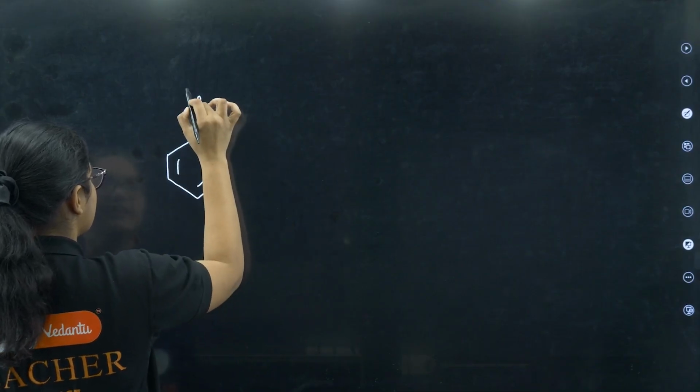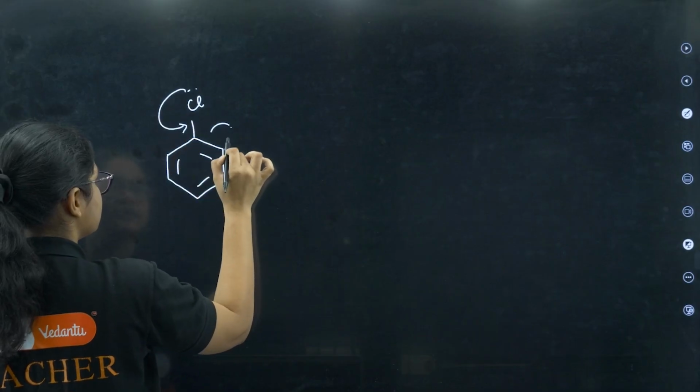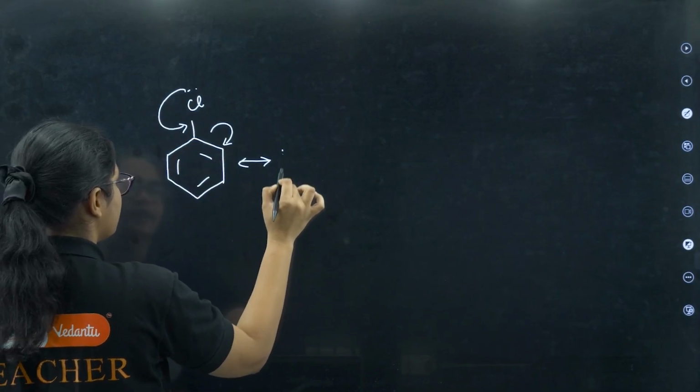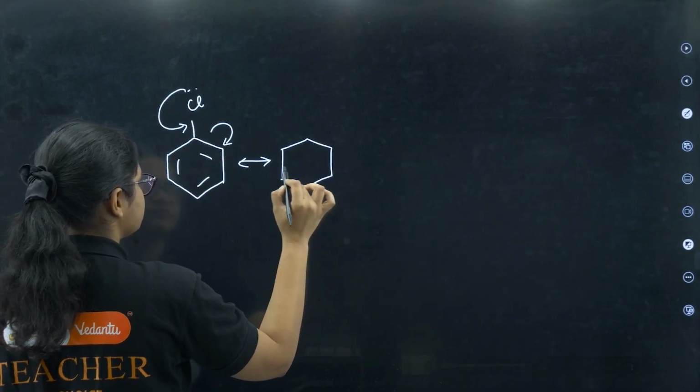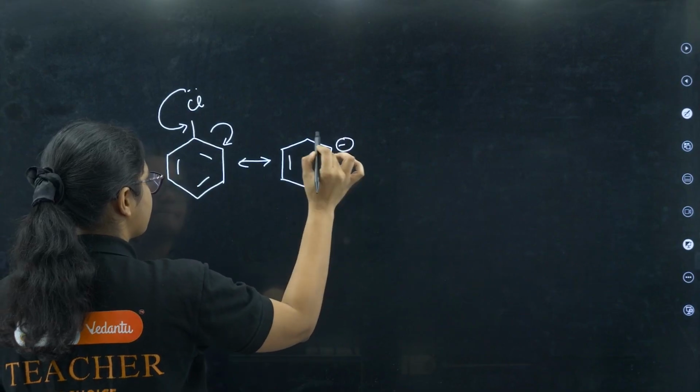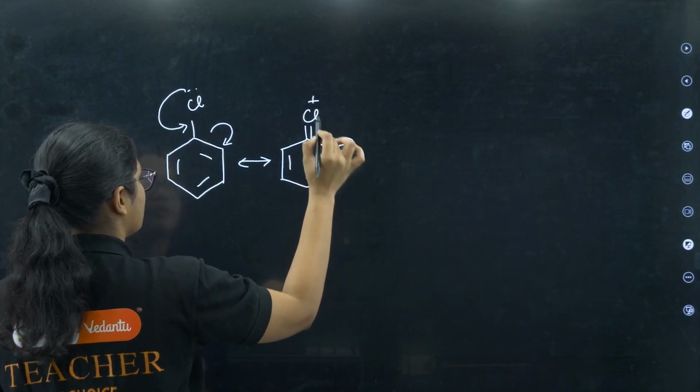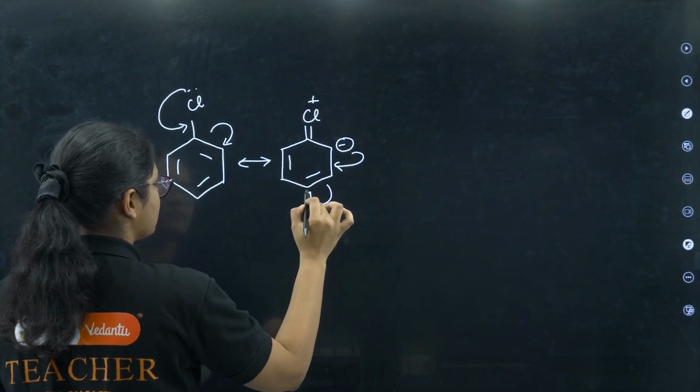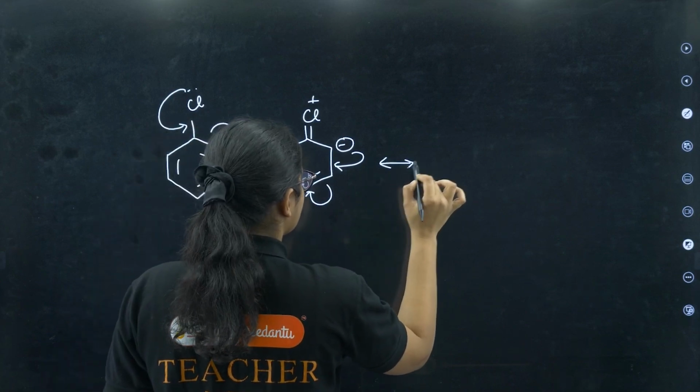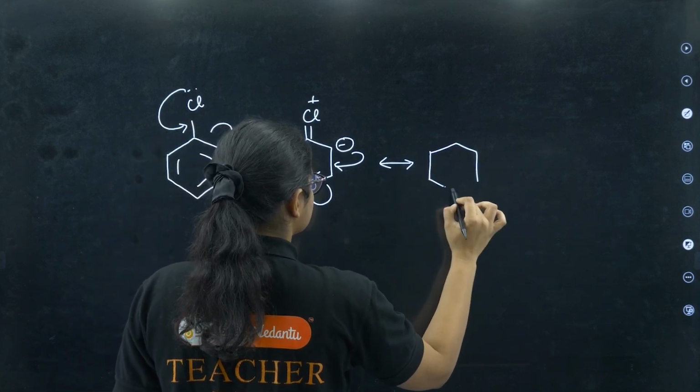This is Cl, here we have a lone pair, this comes here, this comes here. So I will get a structure like this. Next this one will come here, this one will come here. So I will get a structure like this.